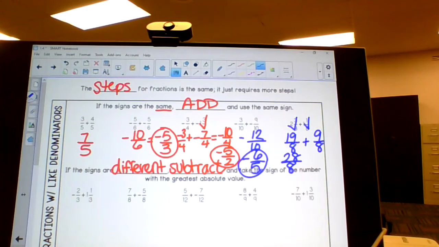You can reduce this one by what? 2. I know you can do it too. Well, we can reduce it by 2, but we could also reduce it by 4. But if you didn't know that, reduce by 2, so that's 14 over 4. But they're still even, so I reduce them by 2 again to get 7 halves. You could have reduced by 4 here. 28 divided by 4 is 7. 8 divided by 4 is 2.